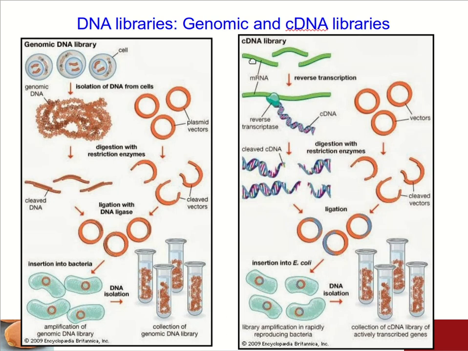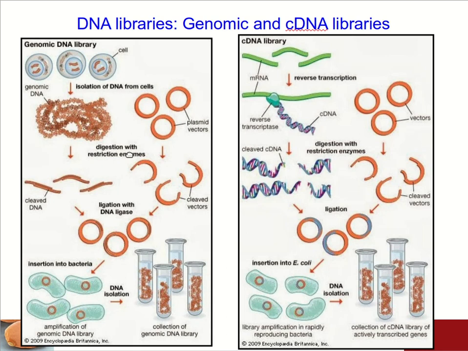cDNA libraries are different in that what we clone into the recombinant vectors is complementary DNA of messenger RNA. These complementary DNA molecules are produced by reverse transcription, and in this case we don't have the fragmentation step, and in theory each clone in the library represents an expressed gene in the source organism.